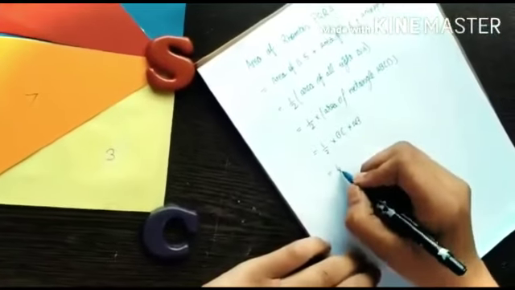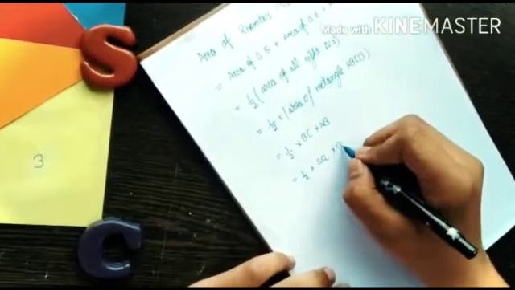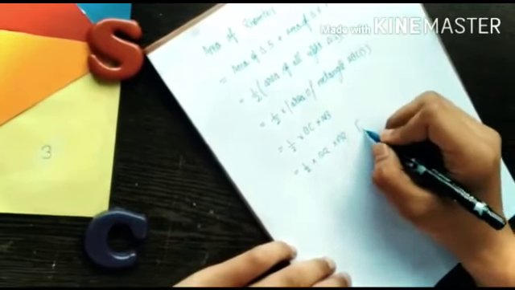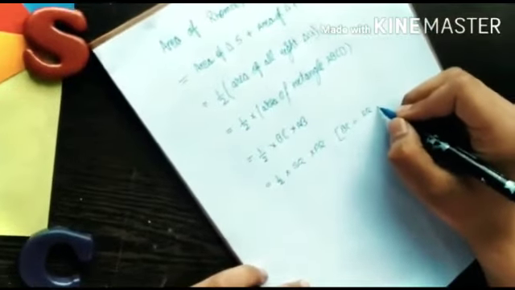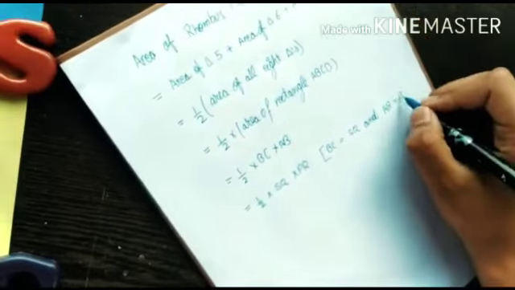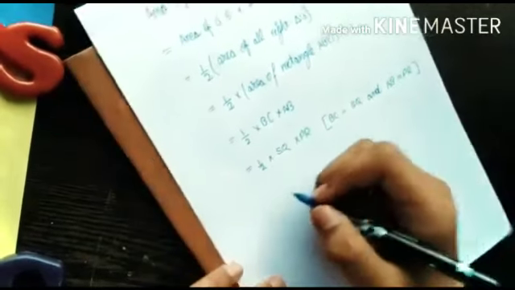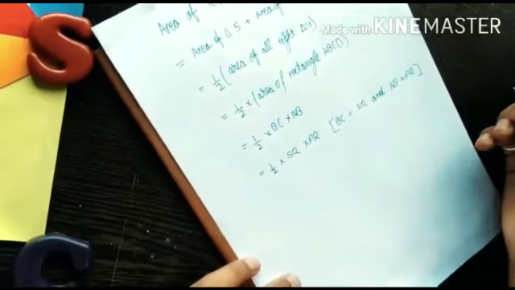So is equal to half into SQ into PR, because BC is equal to SQ and AB is equal to PR. But what we observe, they are diagonals of rhombus PQRS.